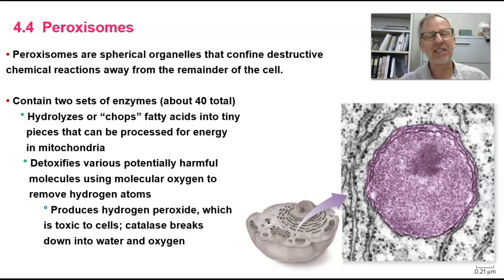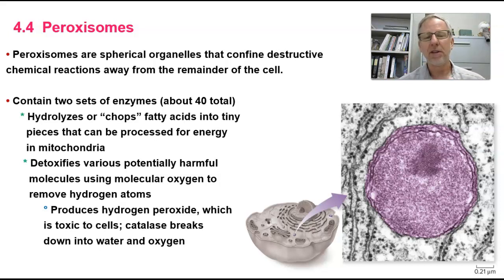The other set of enzymes inside peroxisomes are used to chemically modify harmful molecules that your cells produce, by removing hydrogen atoms from those molecules. And in the process of removing those hydrogen atoms, a chemical substance called hydrogen peroxide is produced.